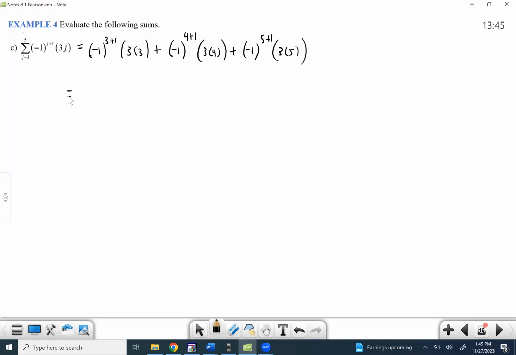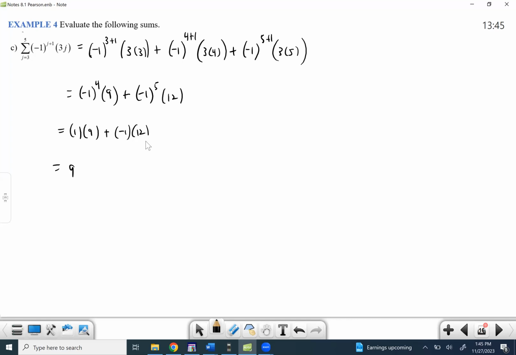Okay, so -1 to the 4th power. And then 3 times 3 just gets us 9. Well, -1 to the 4th will become +1. Anytime it's even, it'll become positive. All right, then for this one, it's going to be -1 to the 5th power times 3 times 4, which is 12. Well, -1 to the 5th is going to stay negative.